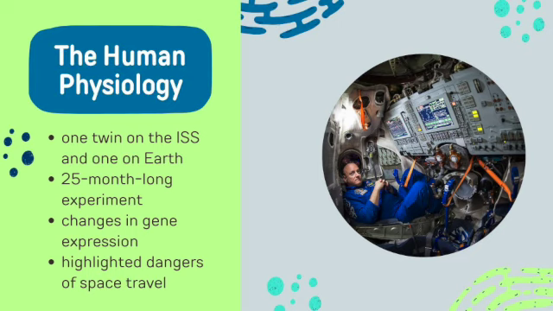And the main goal of this study was to try to figure out, okay, what are going to be the biggest dangers when it comes to space travel? Like, what should these astronauts be looking out for? How is this going to impact humans?